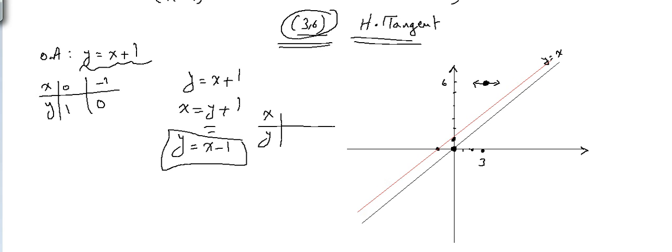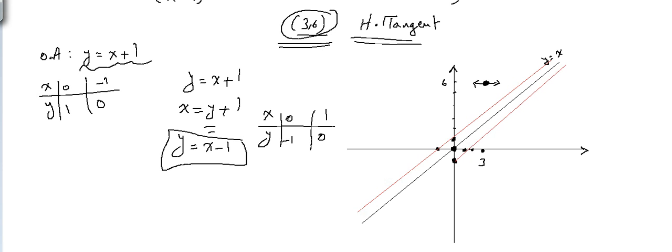If x is 0, y is minus 1. If y is 0, x is 1. So (0, -1) is one point and (1, 0) is another point. Also, I will do it in red.